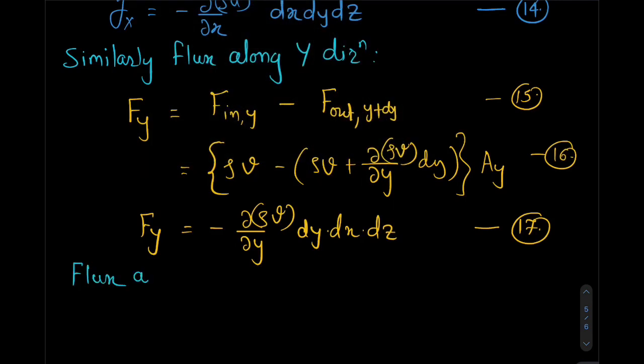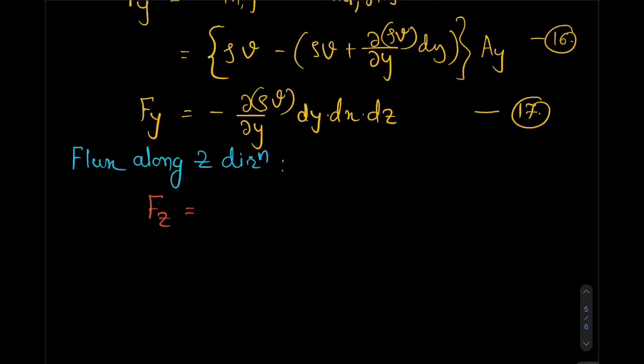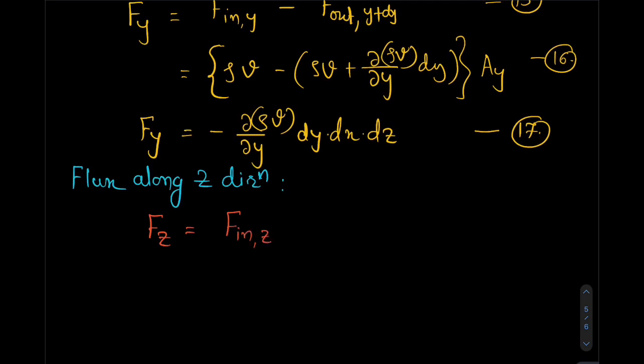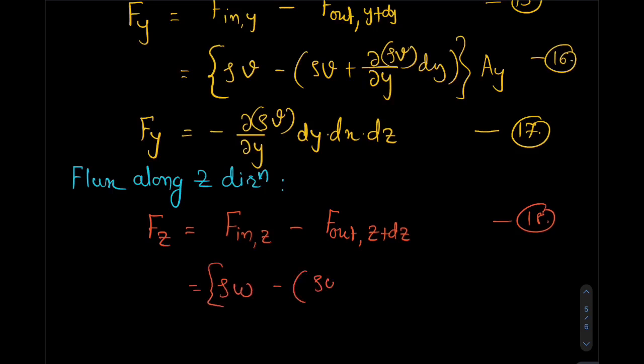Similarly, the flux along the z direction we can say Fz, flux in minus flux out along the z direction. So this is rho w minus partial over partial z of rho w dz and Az.